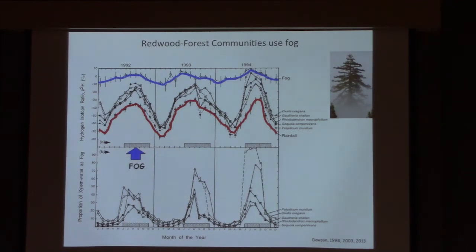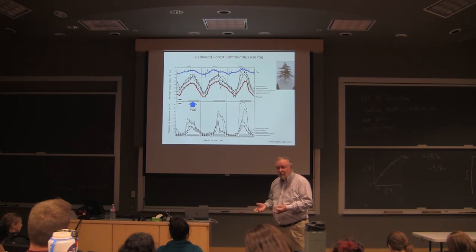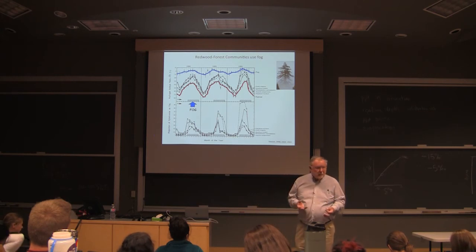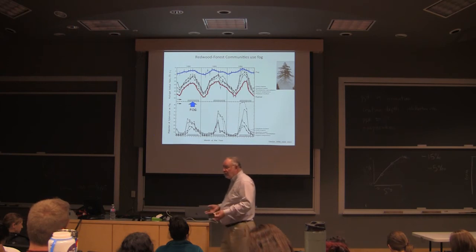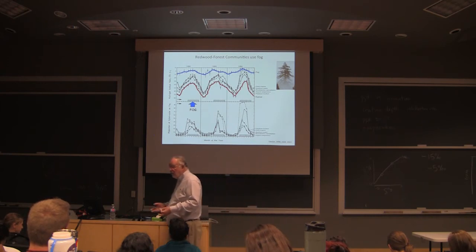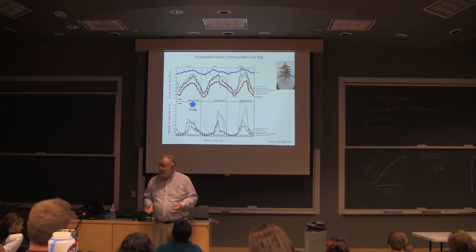So there's the suggestion in these data that the isotopic composition of the water used by these plants varies as they have winter precipitation available as a source with no fog, or summer precipitation absent but fog present.